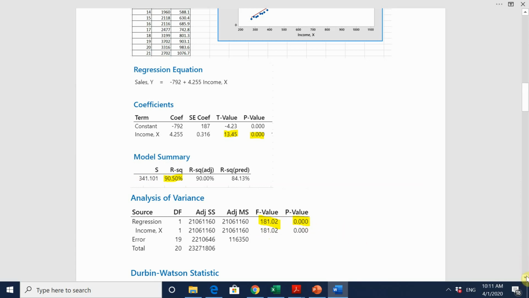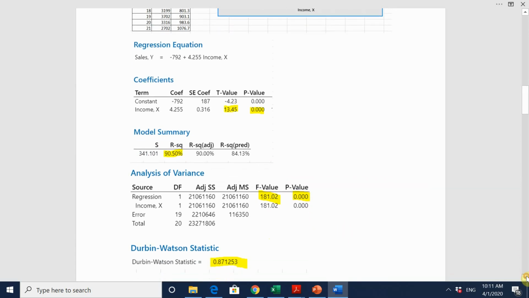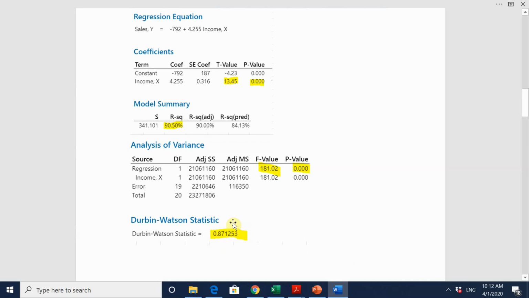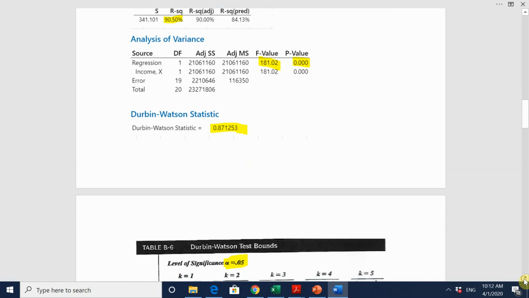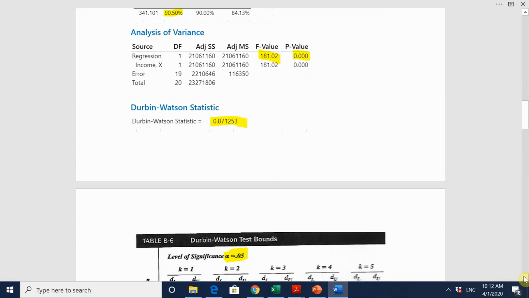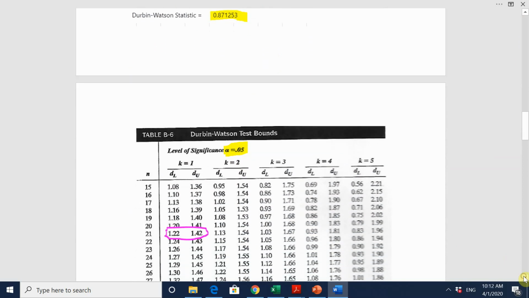But now let's look at the Durbin-Watson statistic. It is of this much, and I compare it to the critical values for the corresponding sample size. Here we have a sample size of 21 and one predictor.